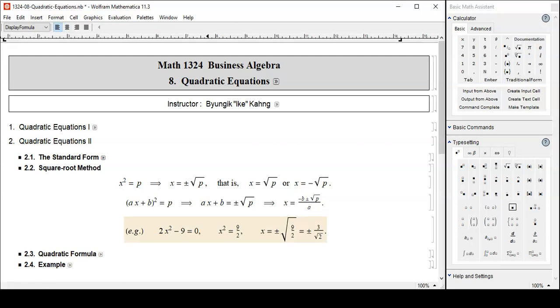This is better, but it can be simplified even further as a matter of fact, because the denominator is irrational. So let's rationalize it by multiplying by square root of 2 to both numerator and denominator. And if I do that, the denominator is square root of 2 times square root of 2, so it's just 2.